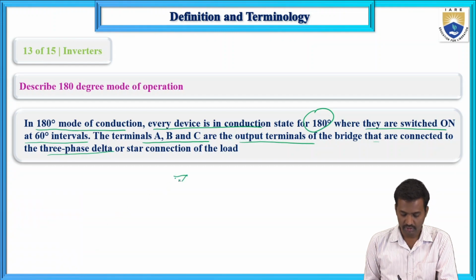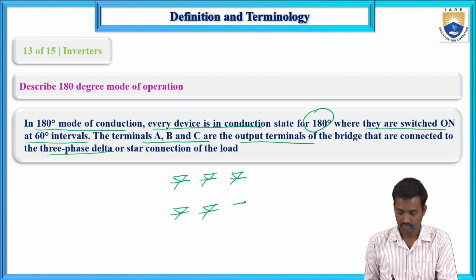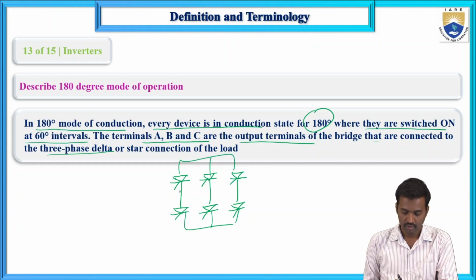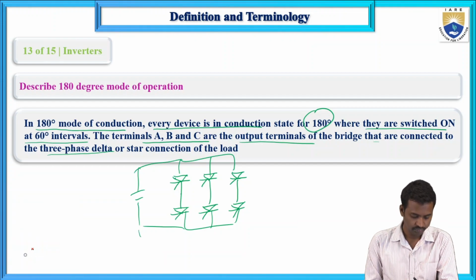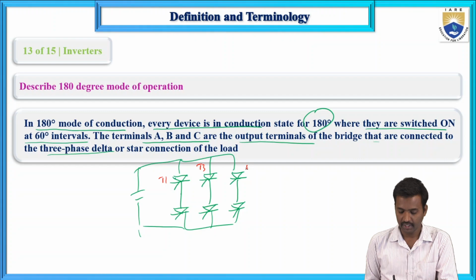So first this is the diagram. So now here this is DC, and next this is T1, T3 and T5, and T2, T4 and T6.